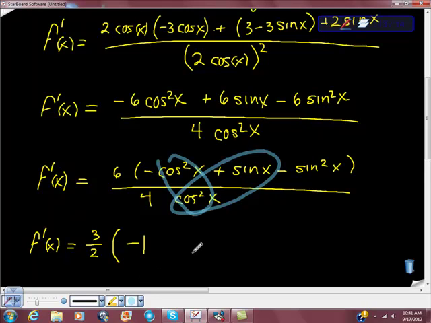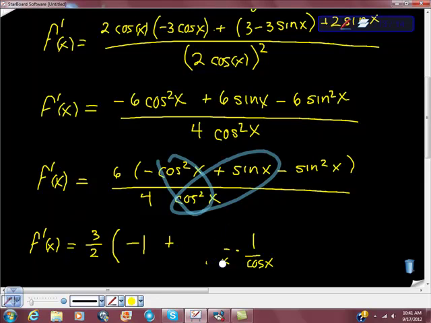Oh, you know what I have to do here, Gordon? Look at this. This is a mess, man. Because this is going to be sine x over cosine x. You with me, Gordon? Times 1 over cosine x. Can you see what I'm doing? So this sine over cosine is tan, isn't it?